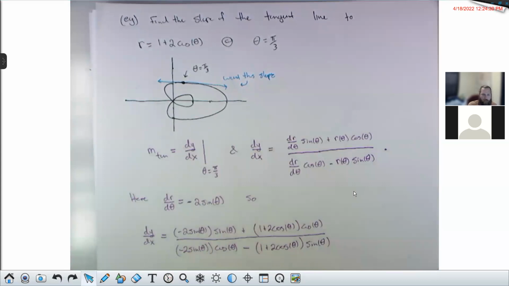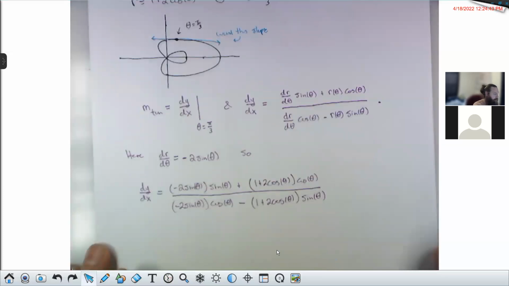How much you want to simplify this is totally up to you. I'm just after the number. I want to know the slope of this line. And I'm going to get it by plugging pi over 3 into this expression. I'm not even going to bother simplifying. I'll just write it out.